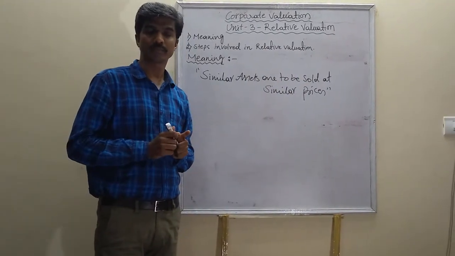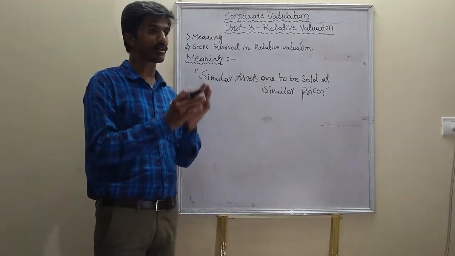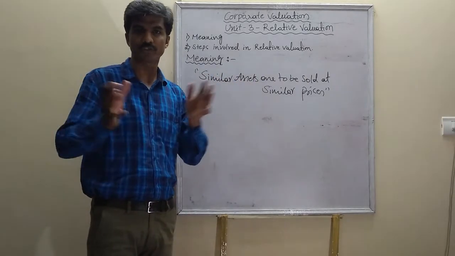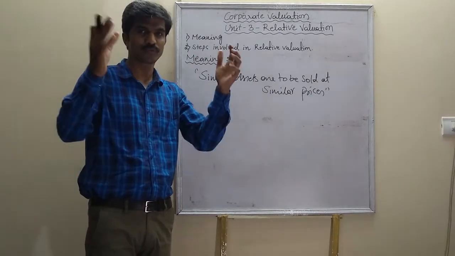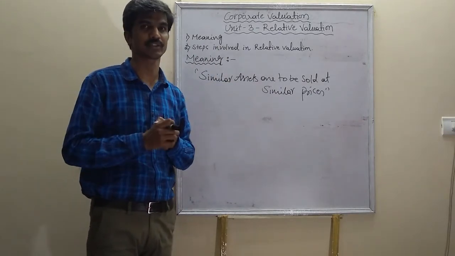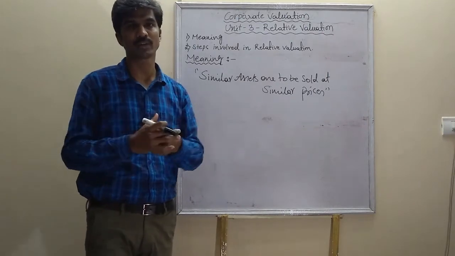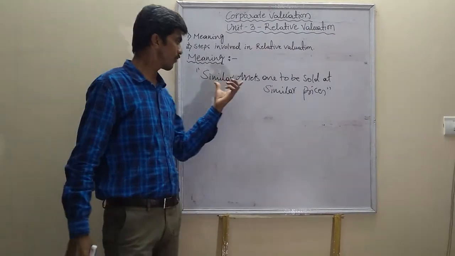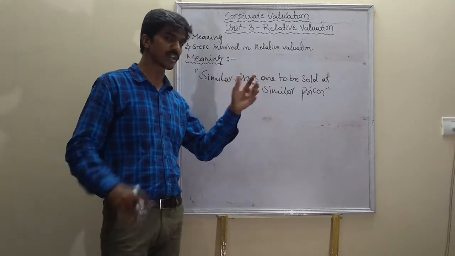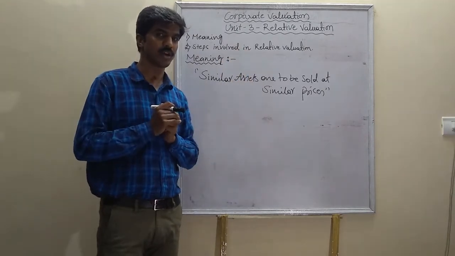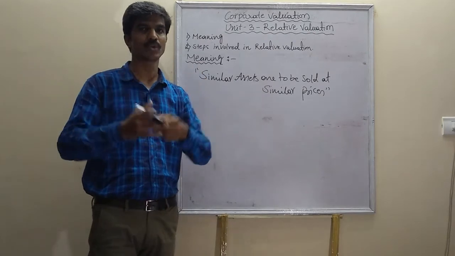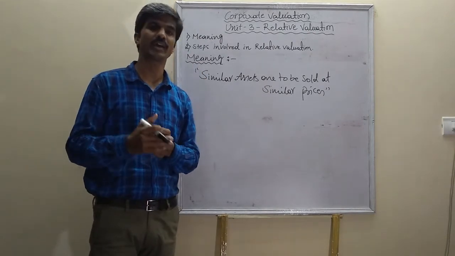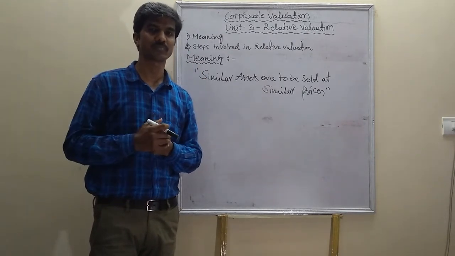That means you cannot sell same natured, same featured assets at different prices in the same market. You are not fit for that market if you sell like that. That creates havoc in the market. The reason is, when you have assets of the same nature in the market, and if people are selling at different rates, the person who sells at a lower rate will have more sales than the person who sells at higher rates.